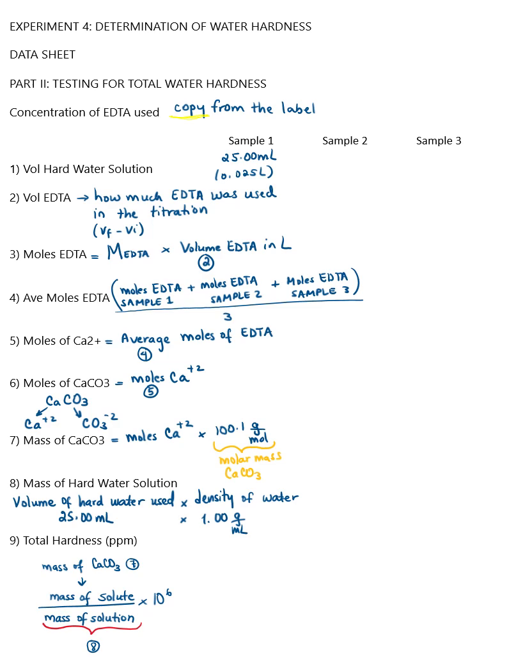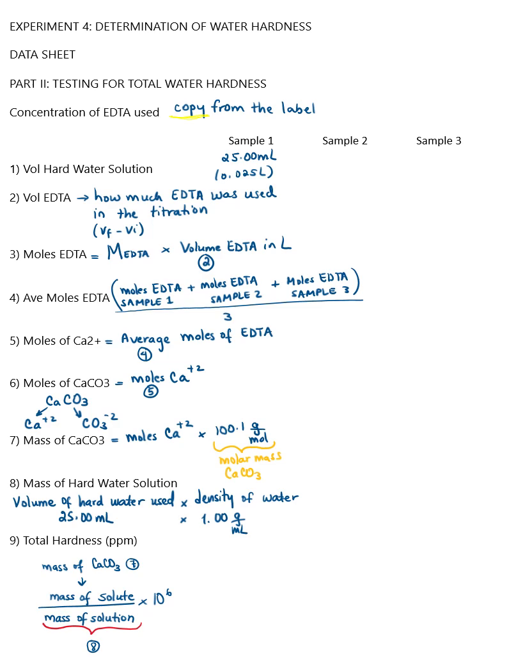Number 7, now you're converting moles to grams, which is a mass. Okay? So you want the mass of calcium carbonate. To go from moles to grams, you have to multiply by the molar mass. So you're trying to convert the moles of calcium carbonate to grams of calcium carbonate. So you need to multiply the moles of calcium carbonate, which is what you have in number 6, times the molar mass of calcium carbonate.